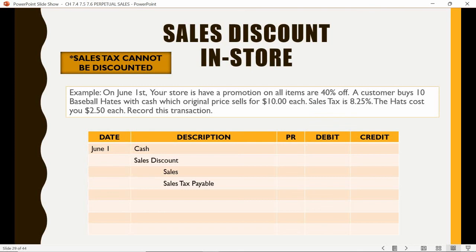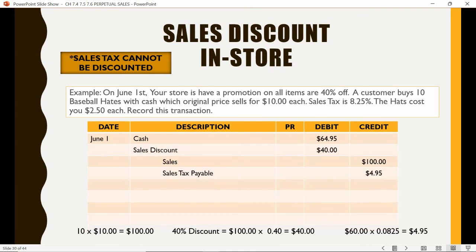Because the discount is 40%, you're not going to charge your customers the full $100. You're only going to charge $60 because you're taking away 40%. That's the discount.